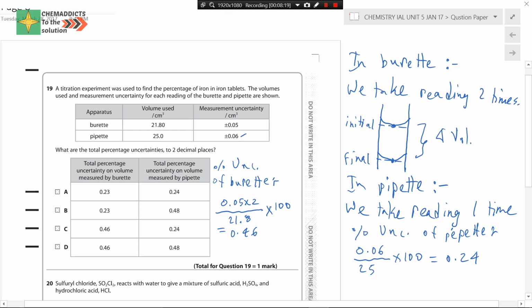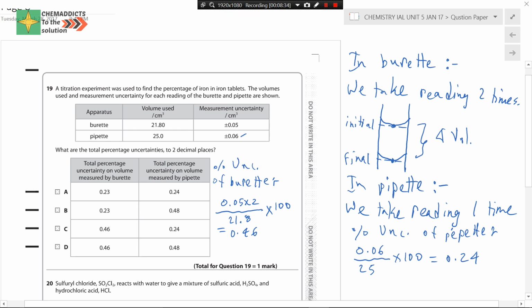After that we transfer that liquid into the conical flask by pressing the suction pump, and the whole liquid just falls off and we don't take any reading, since in the pipette there is a mark.